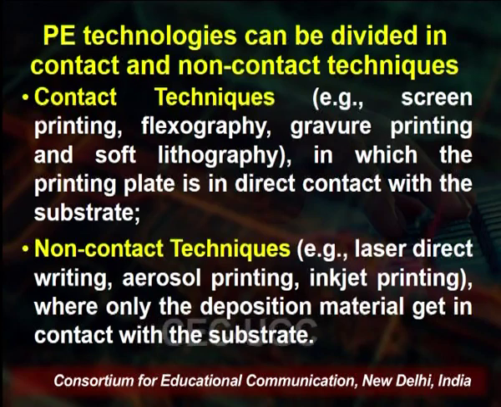Next is the non-contact technique. Non-contact, as the name suggests, means there is a gap between the substrate and the material which is deposited, where only the deposition material gets in contact with the substrate.